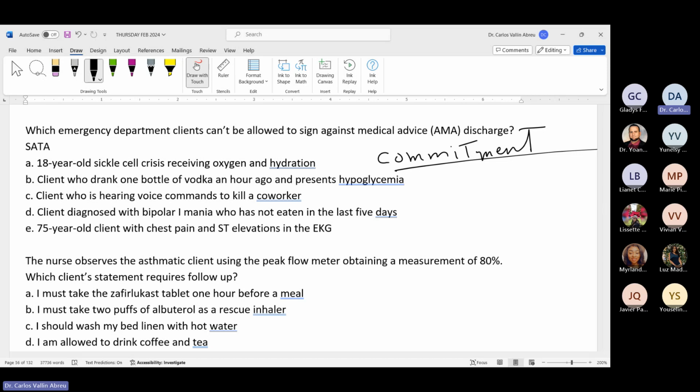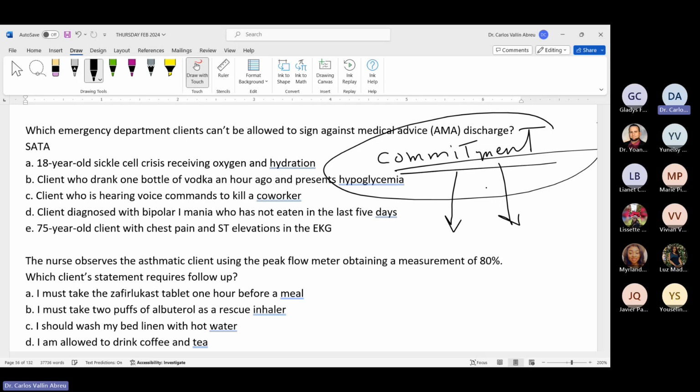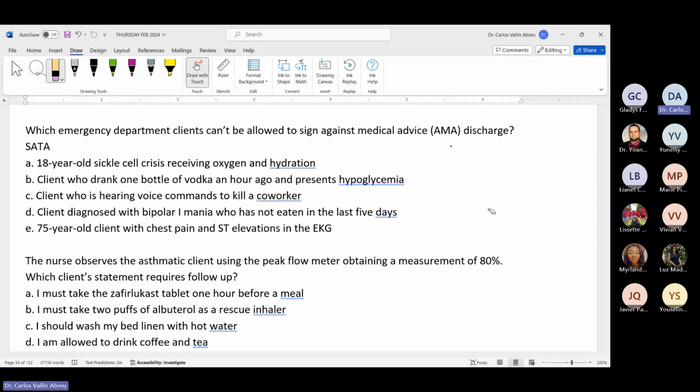So you are not going to have Baker Act. You are going to have involuntary commitment. It is the term used when the client is a risk for himself or herself, and/or a risk for others. In that case, they are hospitalized against the client's will, and the clients cannot leave against medical advice in this rare condition.